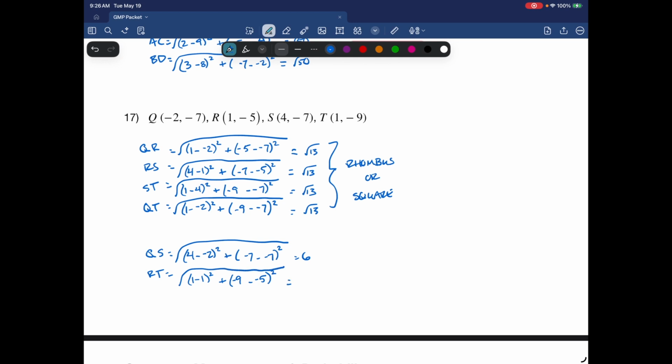And that's going to result in 4. Okay, so I got diagonals that are not congruent. If they were congruent, it would be a square, but since they're not, this is a rhombus.